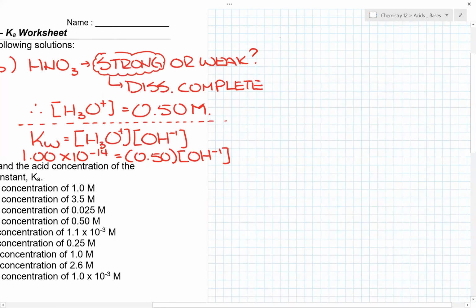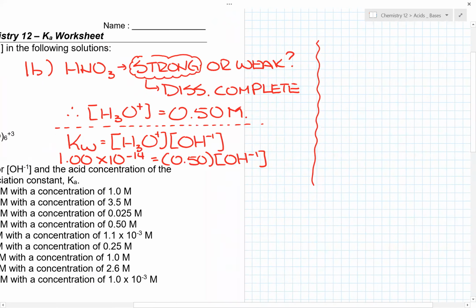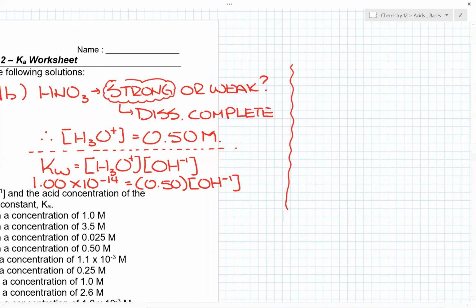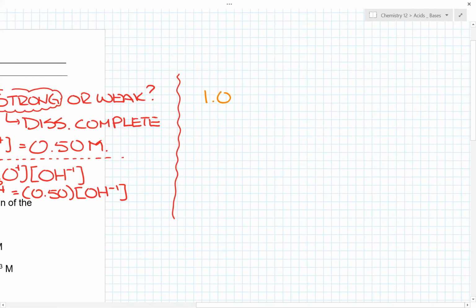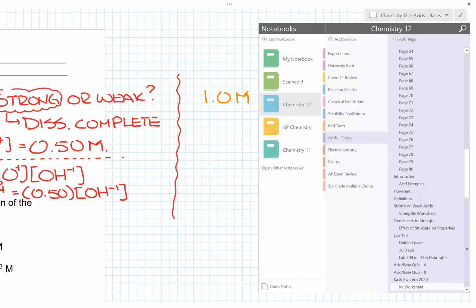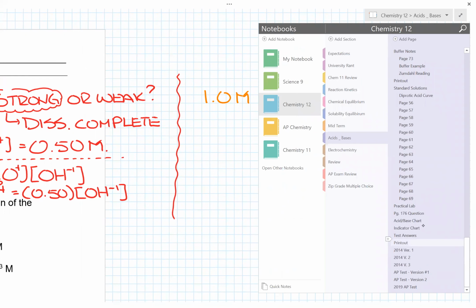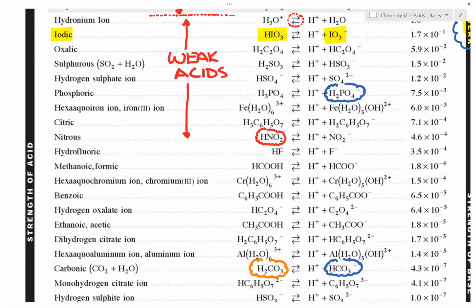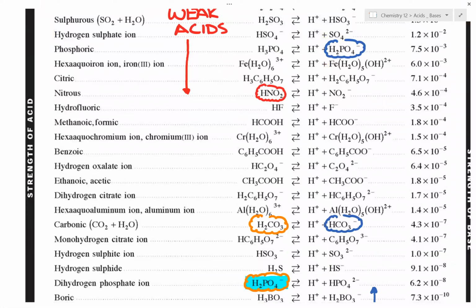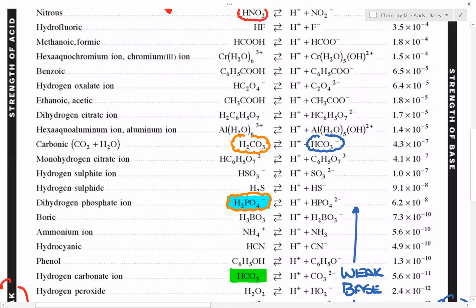For 1E, we do the exact same process. It's 1.0 molarity HCN. Again, is HCN strong or weak? If you look at your acid-base chart, HCN is on the left-hand side, that's the acid, and it's right here.